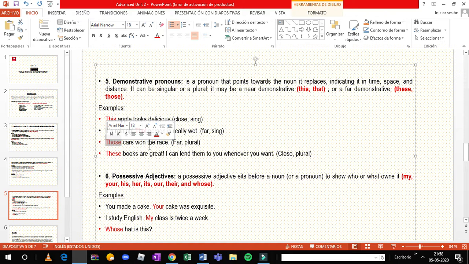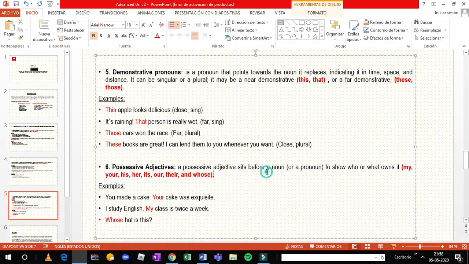In this case, the cars are far. Están lejos. These books are great. I can lend them to you whenever you want. Estos libros son geniales. Te los puedo prestar cuando tú quieras. Close. La persona tiene los libros en sus manos, los tiene en la mesa, etc. Okay?